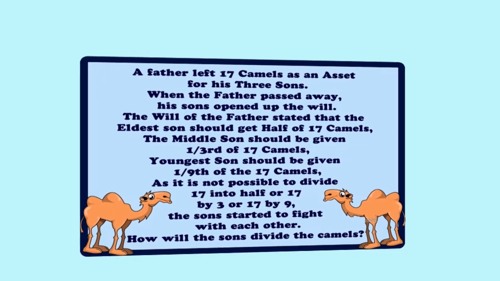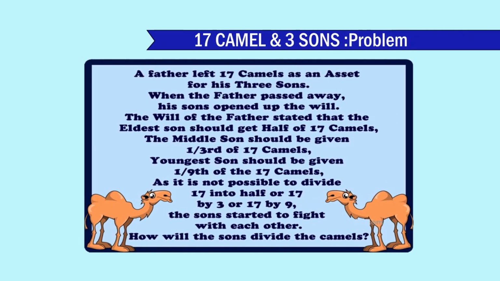Now there is a very famous standard problem, the 17 camels and 3 sons problem. It is a very interesting problem where a father left 17 camels as an asset for his 3 sons.